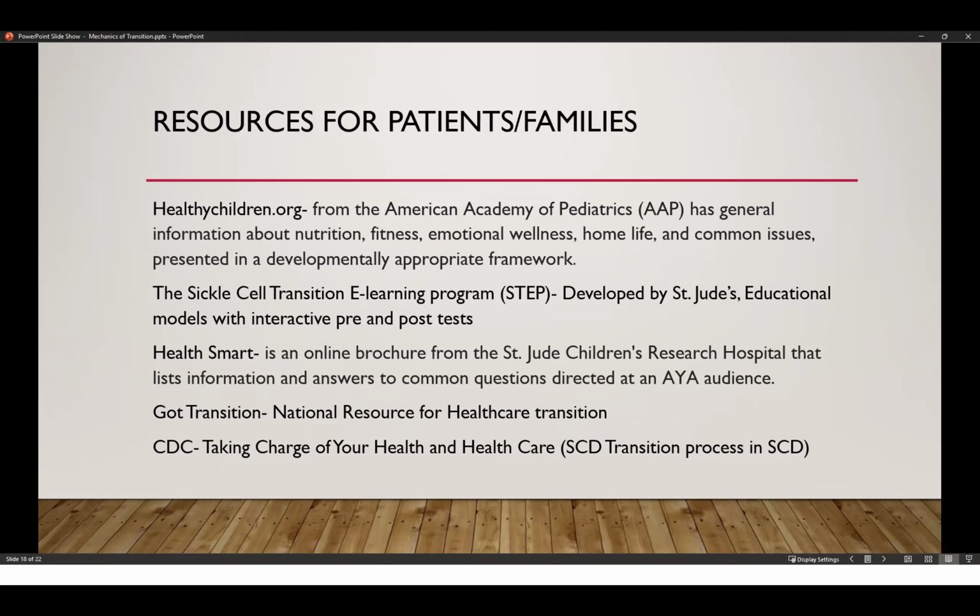It has a whole bunch of educational modules to help. And then Health Smart is also an online brochure from St. Jude's Research Hospital that has all this information to help us transition effectively. And then GOTS Transition, which is a national resource for healthcare transitioning. And then the CDC also has Taking Charge of Your Health and Healthcare, which is a sickle cell disease transition process for our patients. Next slide, please.